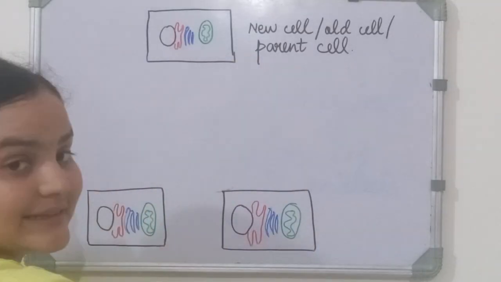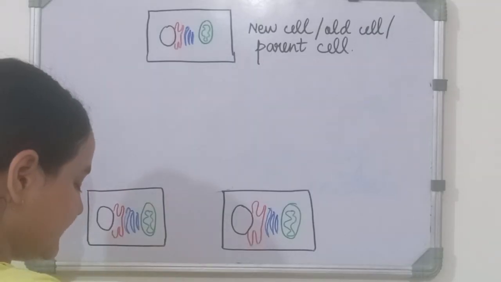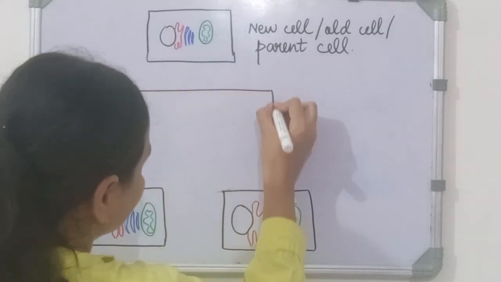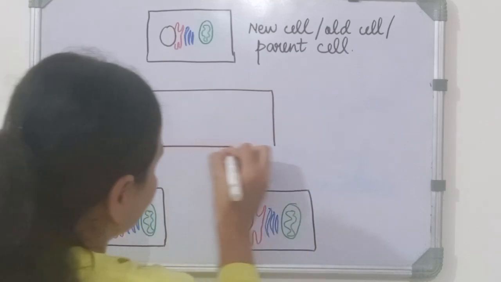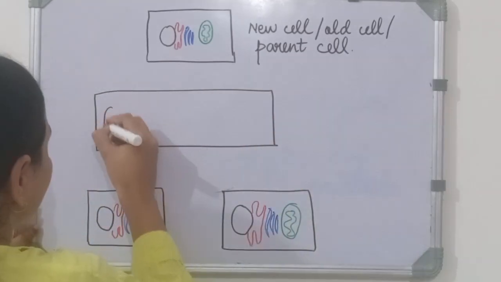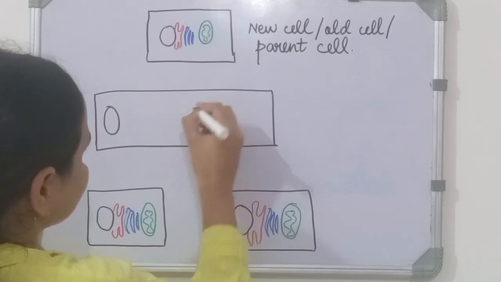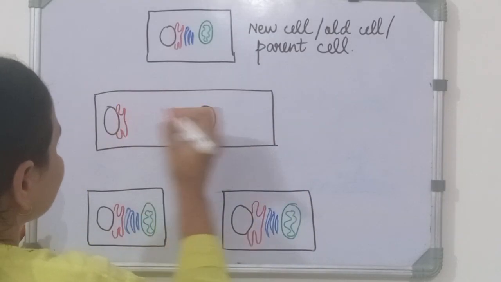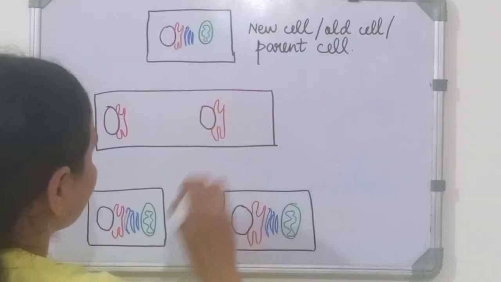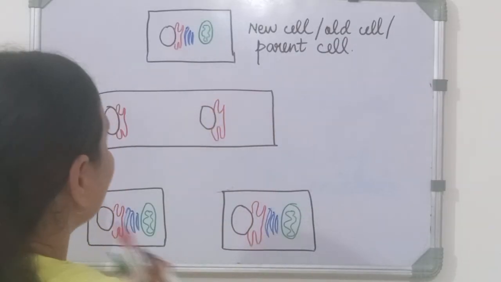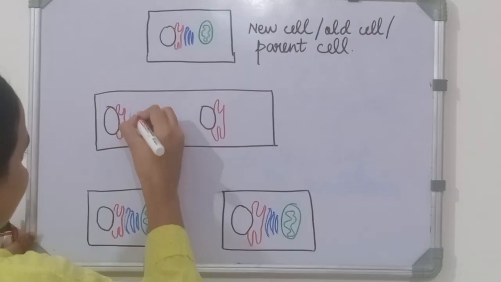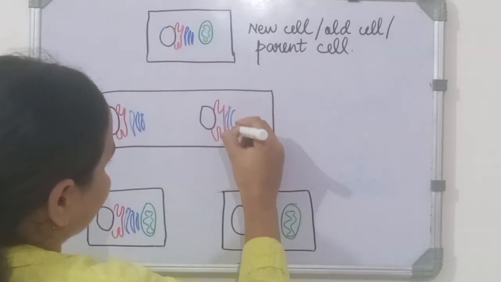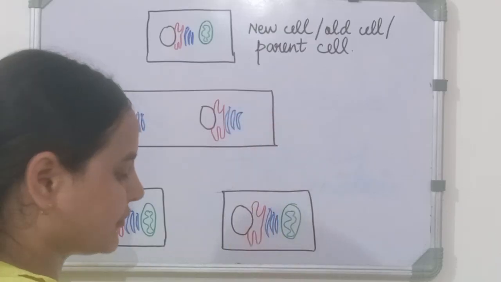So I am drawing that intermediate phase also. Nucleus, endoplasmic reticulum, then Golgi bodies, and then mitochondria.